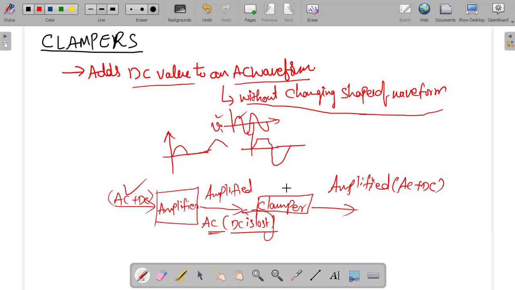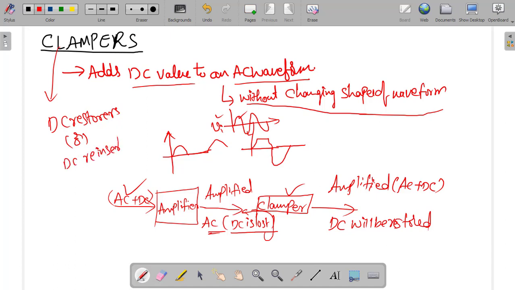In the clamper circuit, what happens? At the output of the clamper circuit, the DC will be restored. Whatever DC was lost, the clamper is used in that particular circuit in order to restore it. Hence, clampers are also called DC restorers, or DC reinserters.